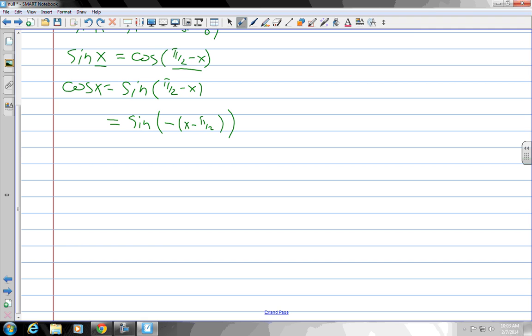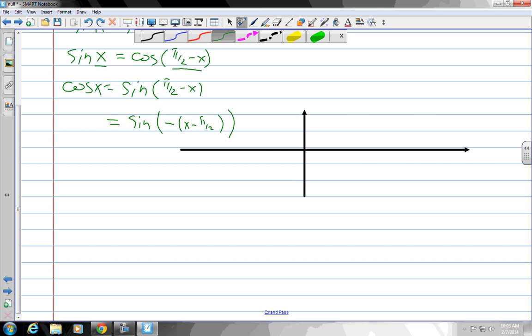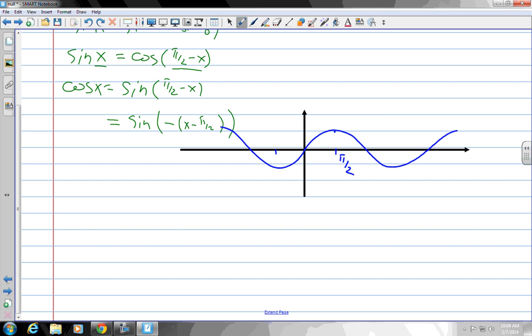So now I'm going to try very hard to make a pretty graph. Here's me trying very hard. So here's the sine curve. Right? So this is pi over 2. This is negative pi over 2. Okay?